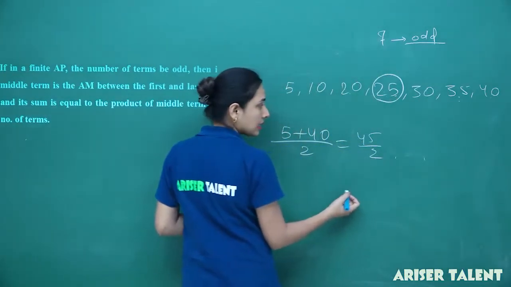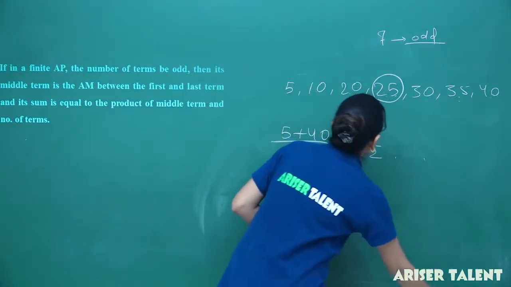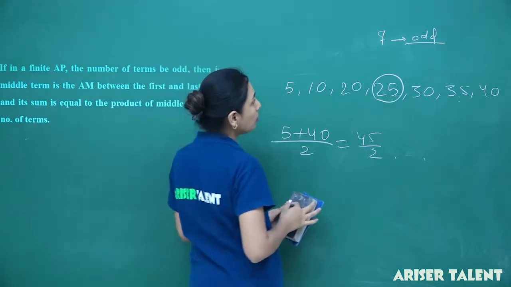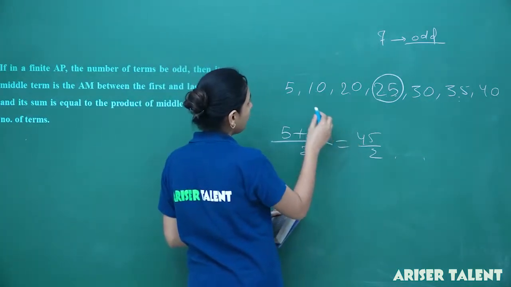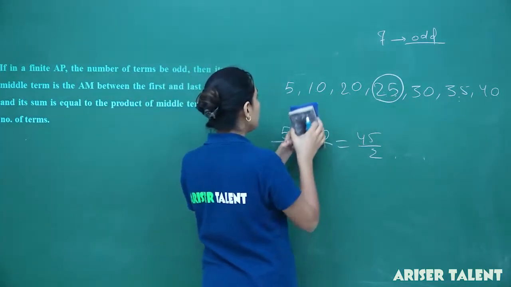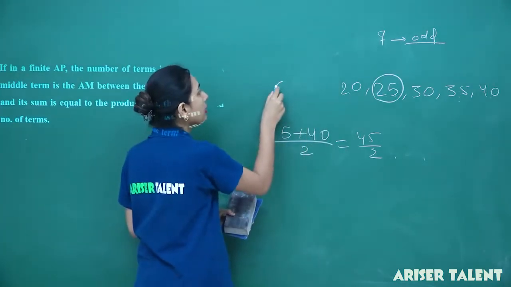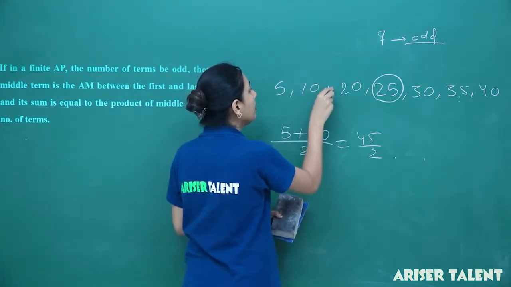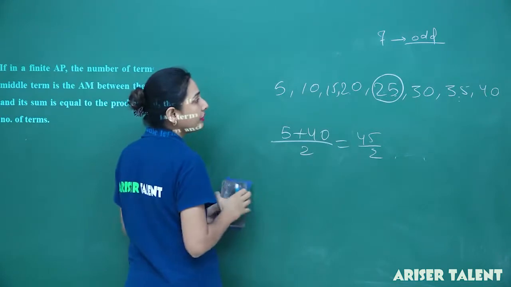Actually, we have missed 15 here, so write 15 here: 5, 10, 15, 20, 25.